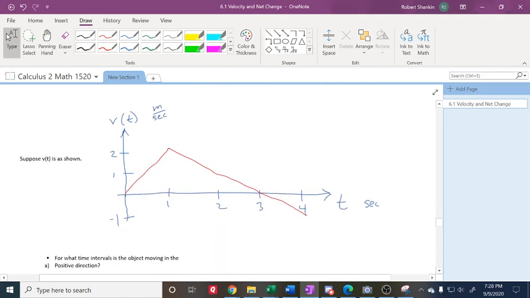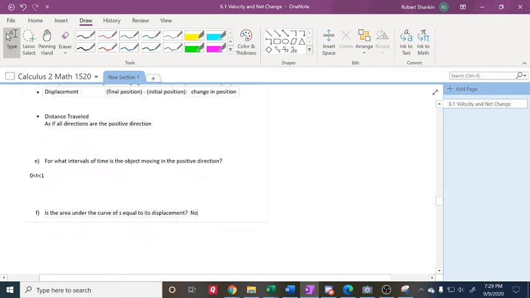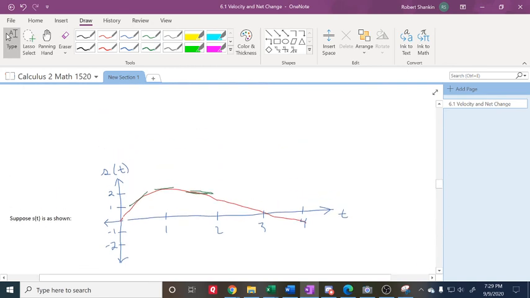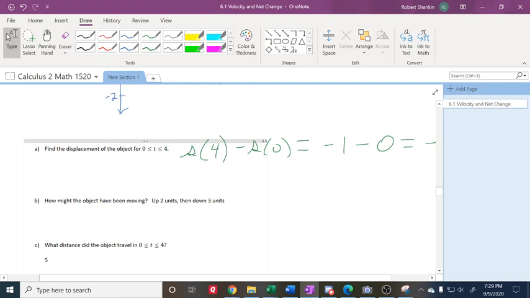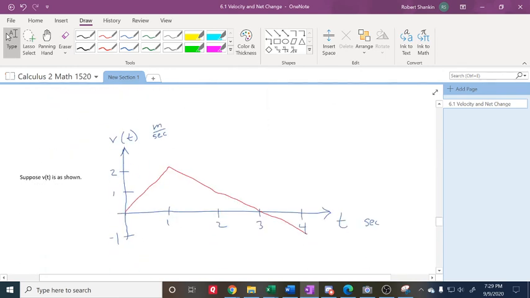Let's come down to another situation. Now we have a velocity function. It's kind of similar to this one, similar points. At 1, you're up at a height of 2, but this one, instead of a curve, is straight line segments.